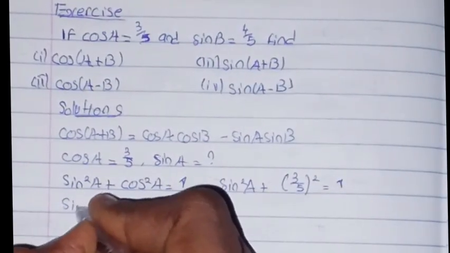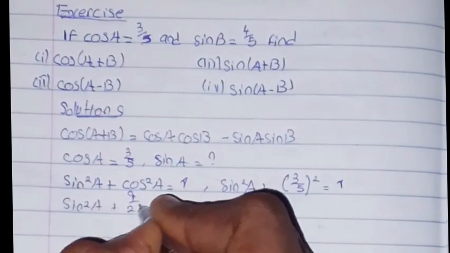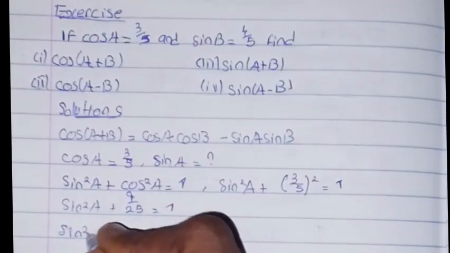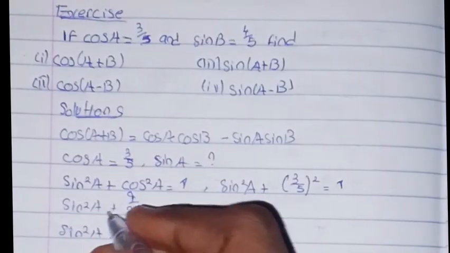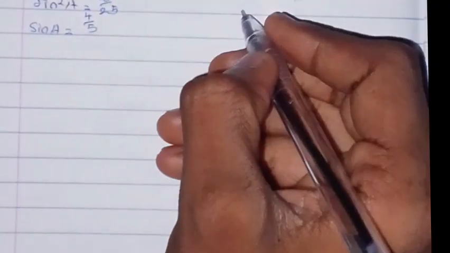So we have sin squared A plus 3 squared, that gives us 9 over 25, equivalent to 1. So sin squared A is equivalent to 1 minus 9 over 25, which gives us 16 over 25. If you take the square root of both sides, we get that sin A is equal to 4 over 5. Using that same method, let's get cos.